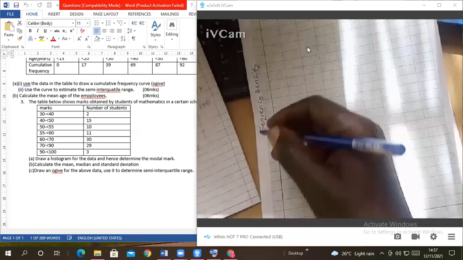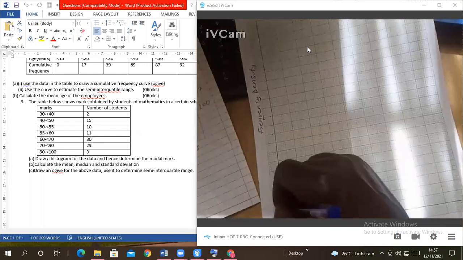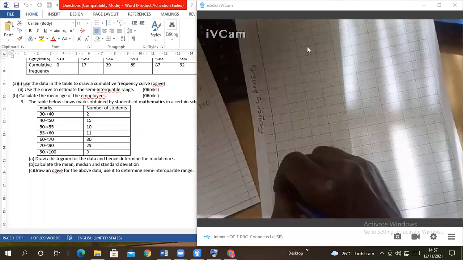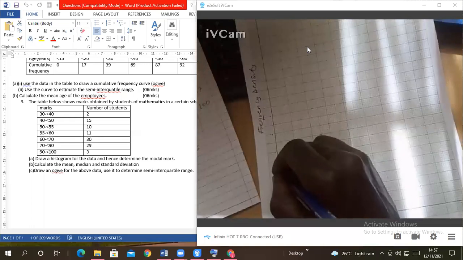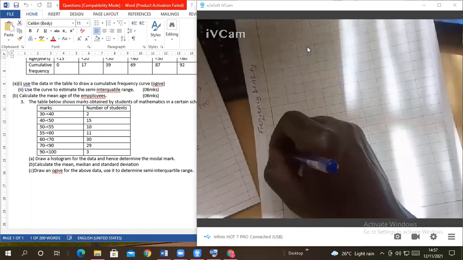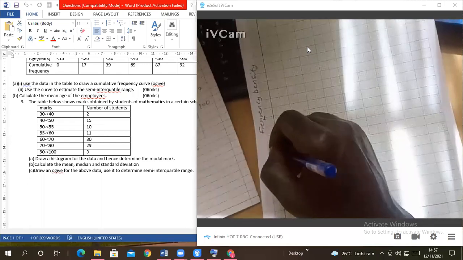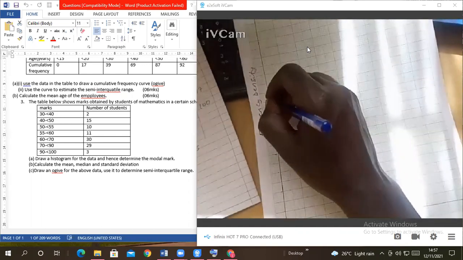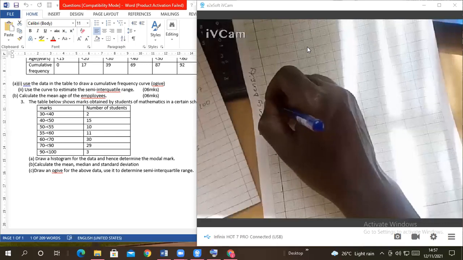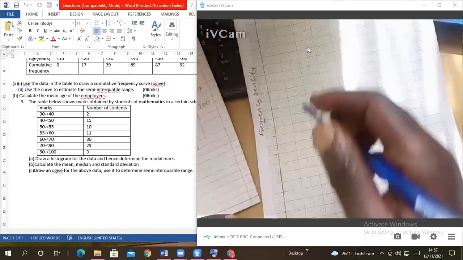Supposing I have here 0.4, 0.8, then I have 1.2, 1.6, then 2, 2.4, like that. I think it will fit. So what scale am I using here?